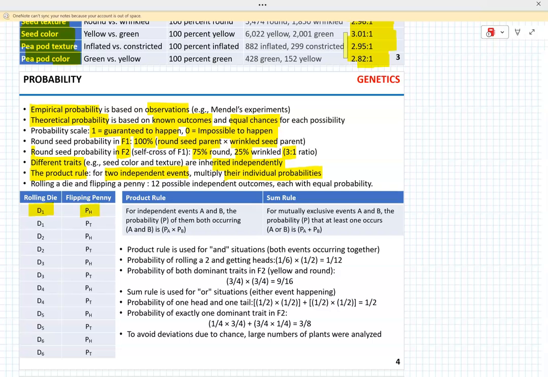The probability of flipping a penny and getting heads or tails is 50%. So the probability of rolling a 2 and getting heads is the probability of rolling 2, 1 out of 6, multiplied by the probability of getting heads, 1 out of 2, in other words, 1/12. So this product rule is used for situations where two events must occur together.